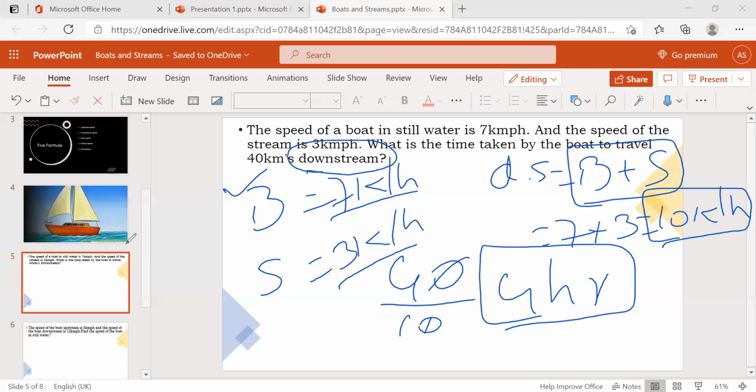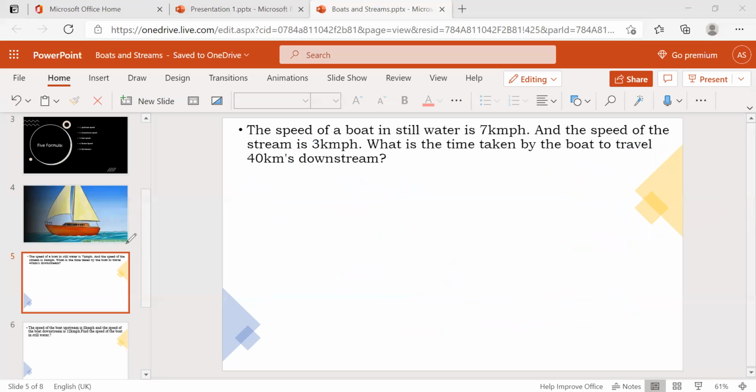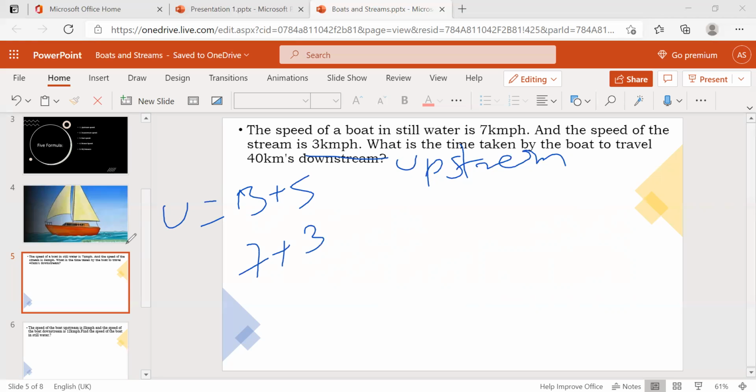Is it clear? Now suppose in the same question they ask for 40 kilometers upstream. What will happen now? We know the formula for upstream, which is B minus S. Here B is 7 kilometers per hour and S is 3 kilometers per hour.